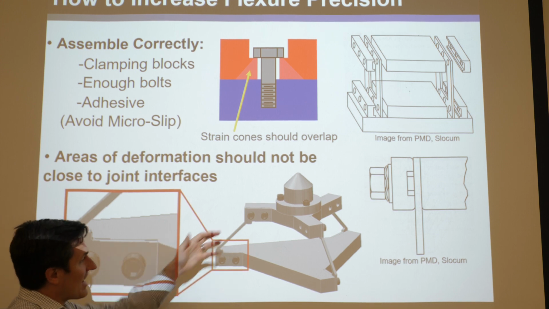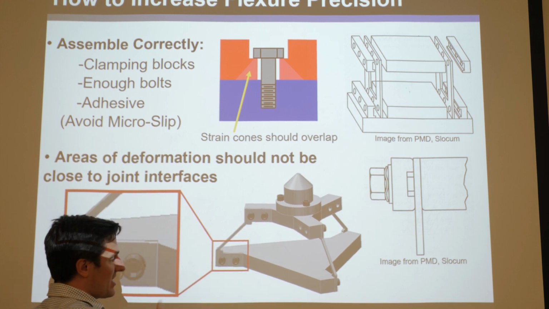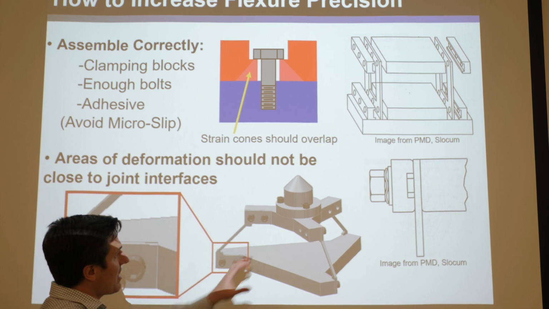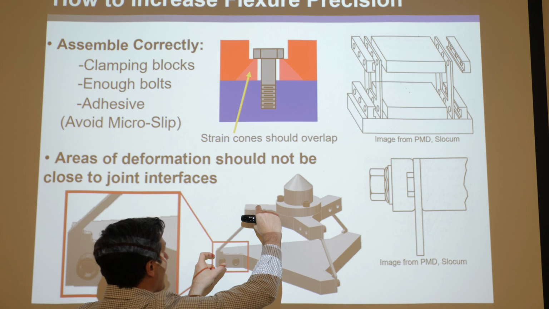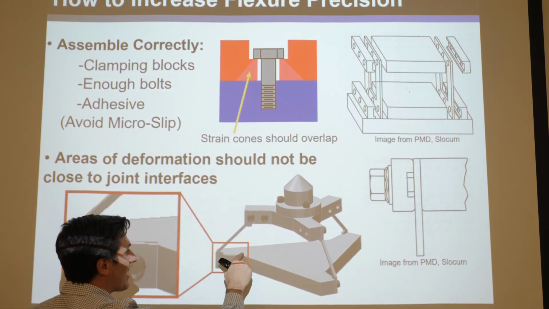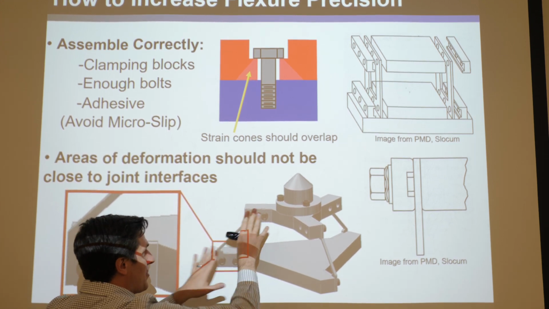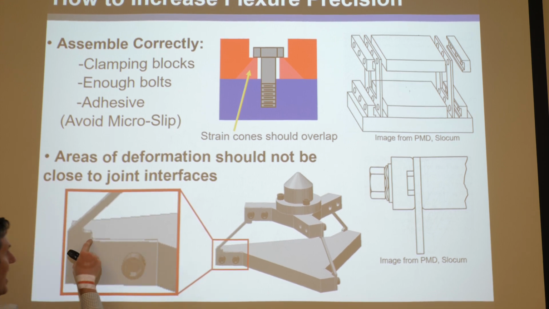The other thing is, like I said, recognize that most of the strain is going to occur at the ends here. And that's a problem because you don't want the strain occurring near a joint. For this design, I don't know if you can see it, but there's a stage and a ground, and then I had these little flexures that were cut with two rectangles, and then the flexure is all one piece, and I put two bolts to join that piece onto this. If I didn't, you see this little tab here?